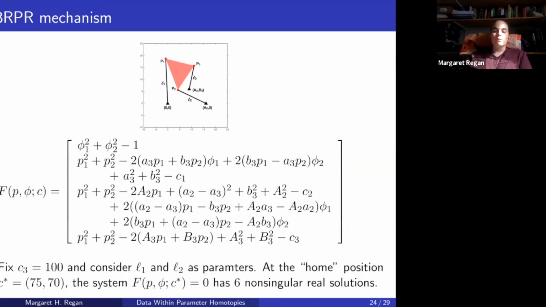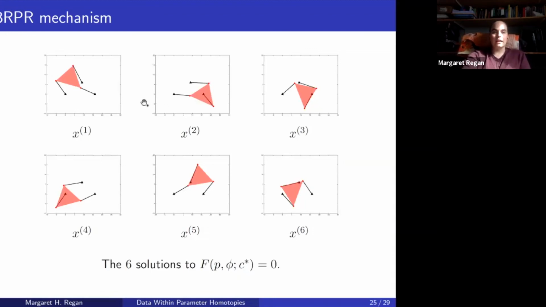And what we consider is that our maximum number of non-singular real solutions is 6. Those 6 show up in these 6 mechanisms here. What this means is that all of these mechanisms have the same leg lengths. So all of these black bars in each of these 6 photos are the same length.